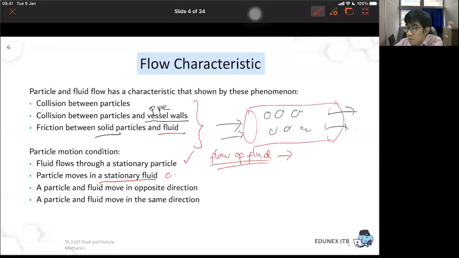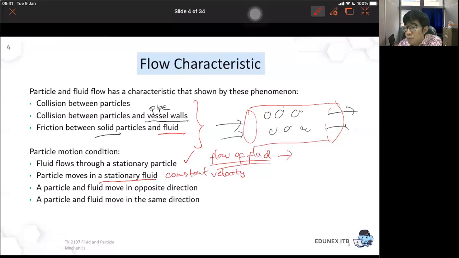Stationary means constant velocity. Of course, this happens in just some part of the pipe. And based on the direction, sometimes the flow will be counter flow or the same flow, the same direction.